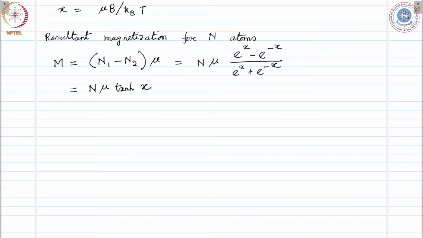Now, if we consider the low field, high temperature limit, that means B is small, T is large, x would be much smaller than 1.